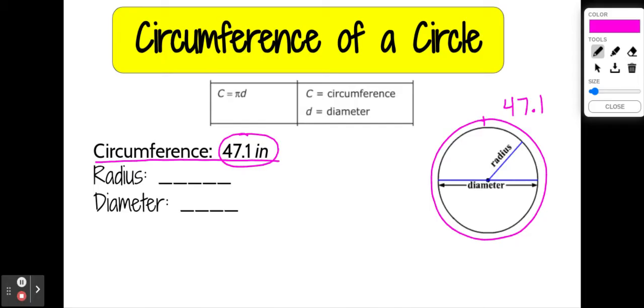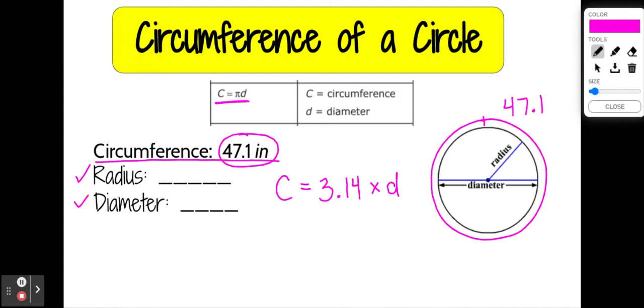And we're asked to find the radius and the diameter. So we're going to need to do a little working backwards. I'm going to first start off by writing down the formula. Always start off with that. So circumference equals, and I'm going to write the number pi as 3.14, times diameter.